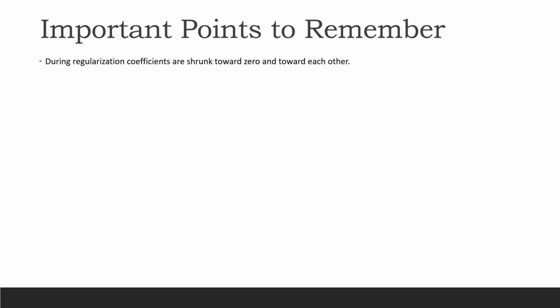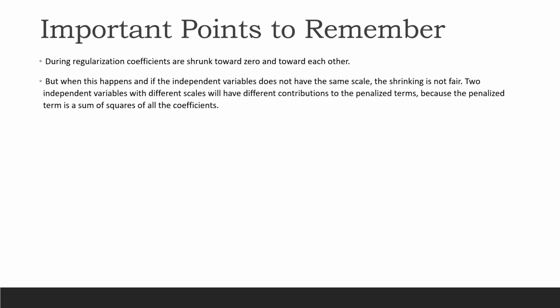This will be covered now. To start with, we saw that regularization coefficients are shrunk towards zero and towards each other. But the actual real data in the use cases may not have the same scale. Some values may be in millions, some could be in tens.